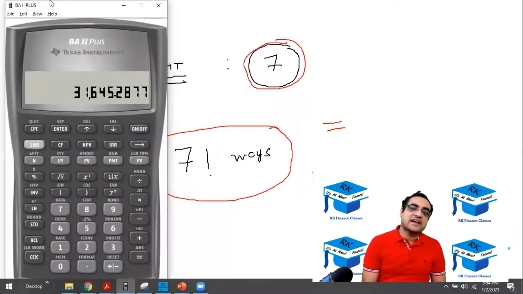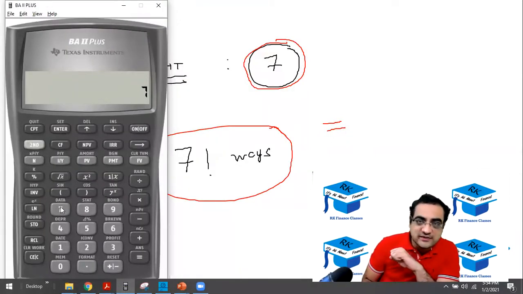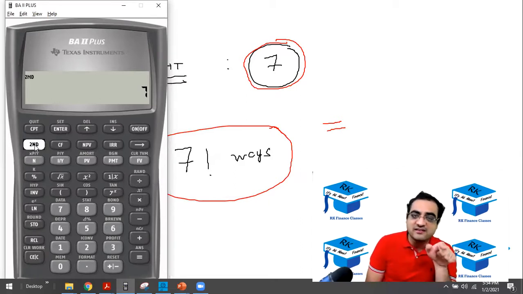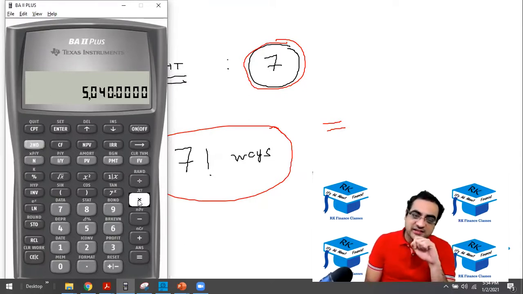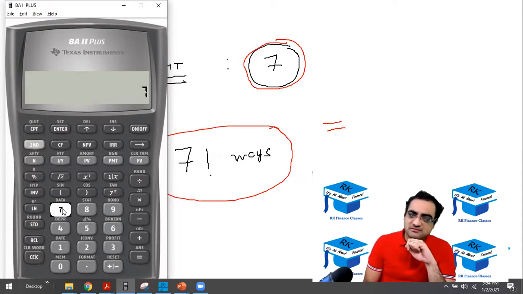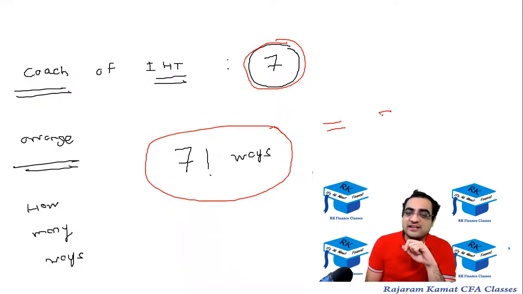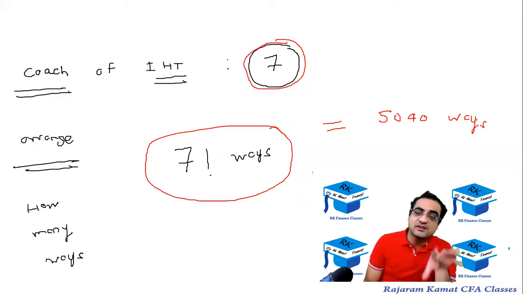Just press 7, and the factorial is above the multiplication key, so press second and then that key. I repeat, press 7 and then press second and into. So there are 5040 ways in which you can arrange the 7 players on the ground.